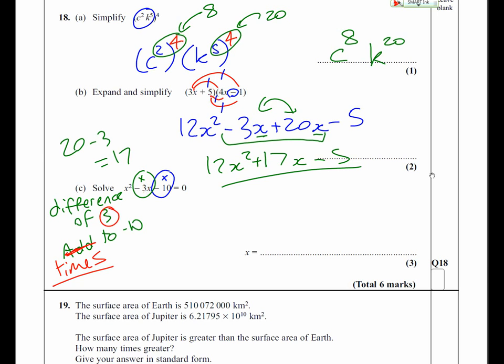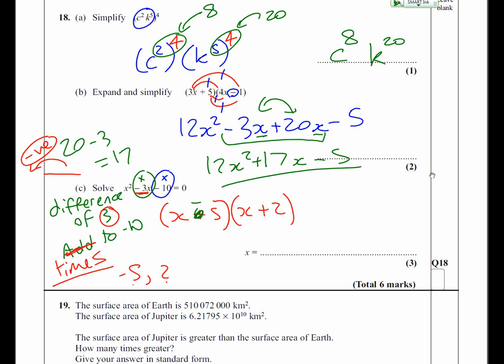So, which ones go together and make minus 3? Well, because you're going to go into the negatives, your bigger number has to be a negative one. Because then you do 2 take away 5 takes you into the negatives. So you get x minus 5, and you get x plus 2.